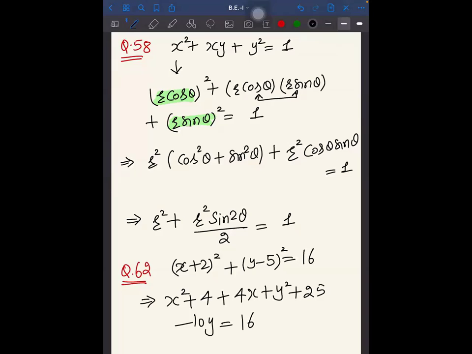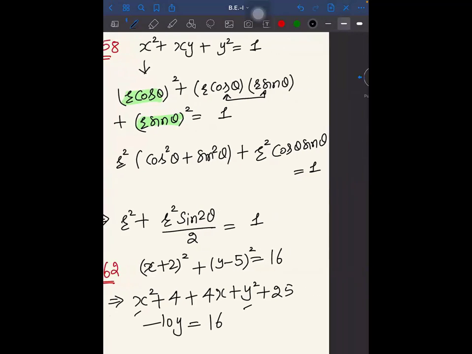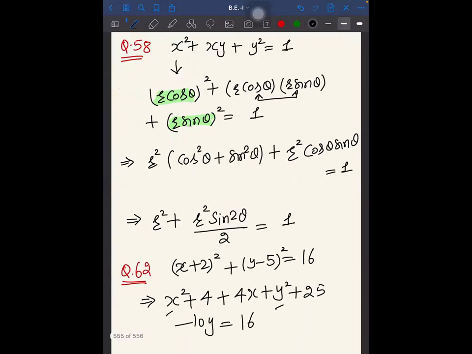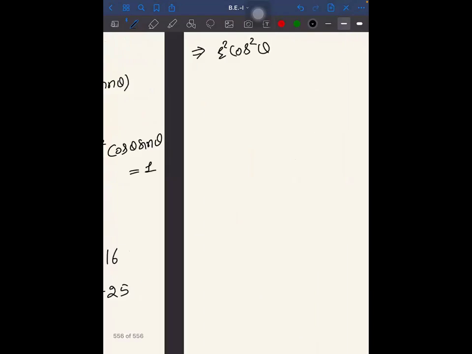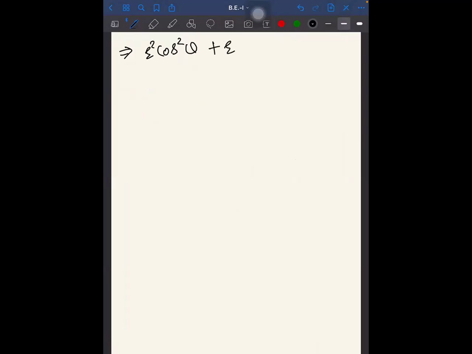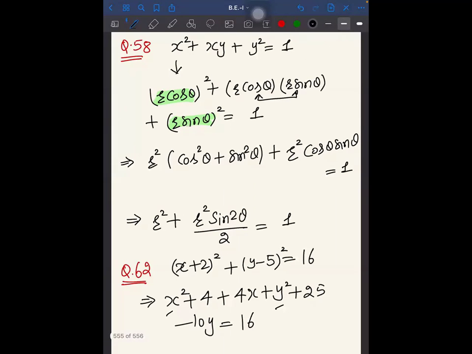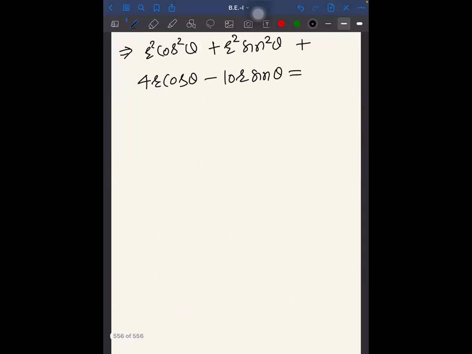So next, we replace this x and y by r cos theta and r sin theta. So we have r square cos square theta plus 4r cos theta minus 10 sin theta, plus r square sin square theta, plus 4r cos theta minus 10r sin theta is equal to, and here we have 4 and 25, so that becomes 29, and here we have 16, so minus 16 gives 13.